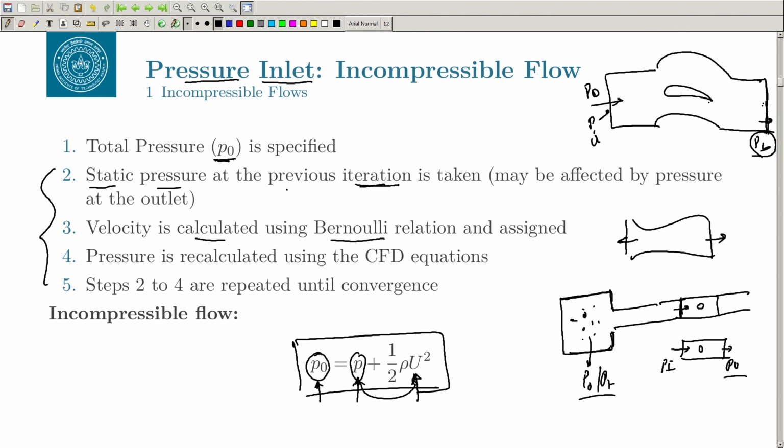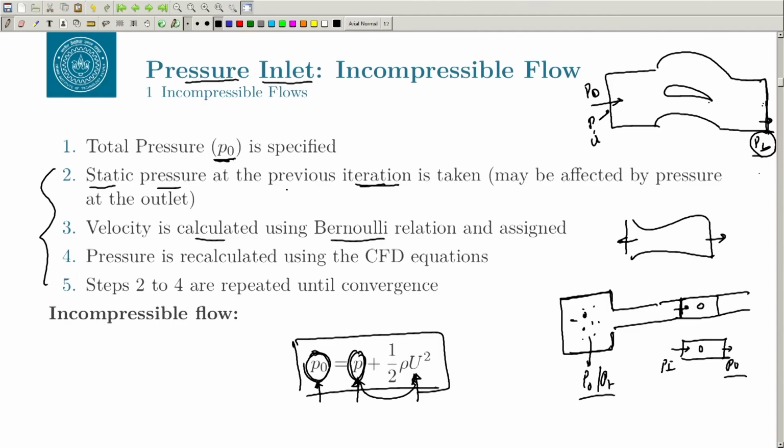Because we want this pressure to be calculated from the CFD; we can only specify either the total pressure or the static pressure. And once you give the back pressure, if you recall the incompressible flow situation, any information is instantaneously available everywhere in the domain, right. So, if you have a back pressure at the outlet, it will affect the flow at the inlet also.